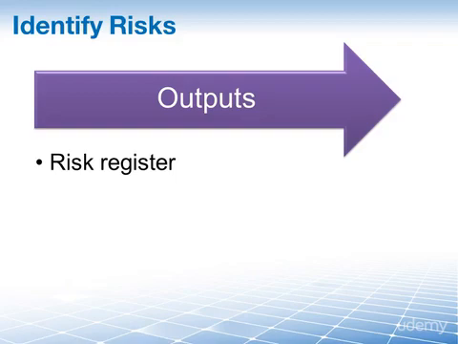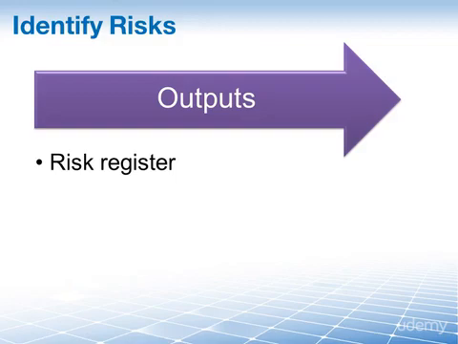The risk register is part of the project management plan. Another document in the project management plan is the risk management plan, which contains intervals or a schedule for conducting risk management activities, which again are all iterative. Remember, we said at the beginning of this presentation, identifying risks is an iterative process. We weren't kidding.